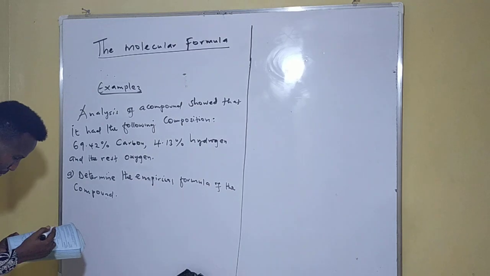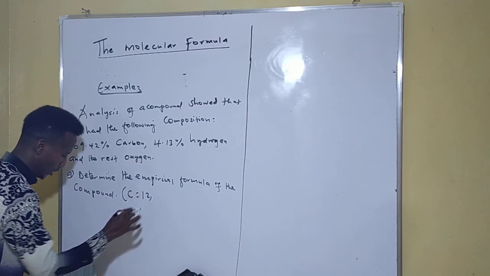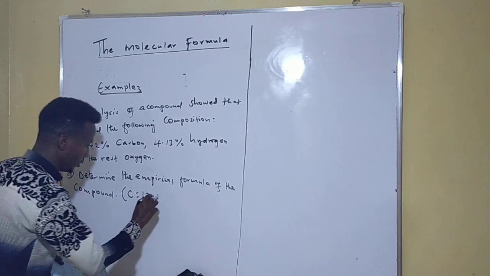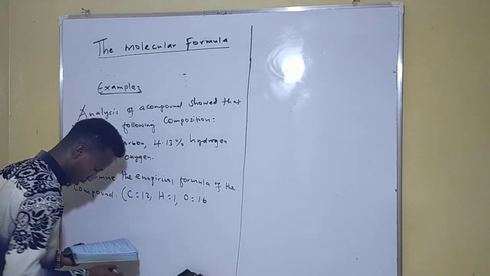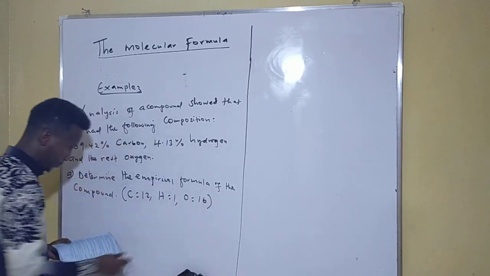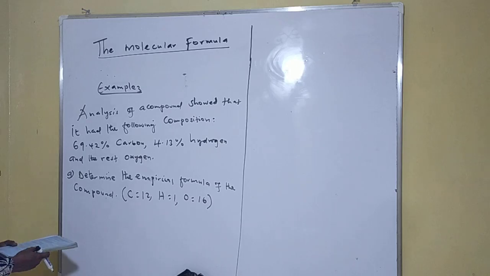Remember, they gave us C is equal to 12, H is equal to 1, O is equal to 16. Then close the bracket. Question A is carrying 2 marks.